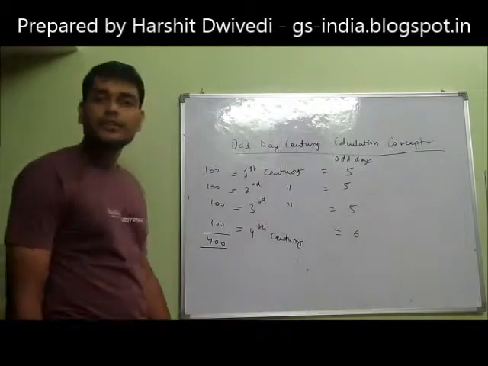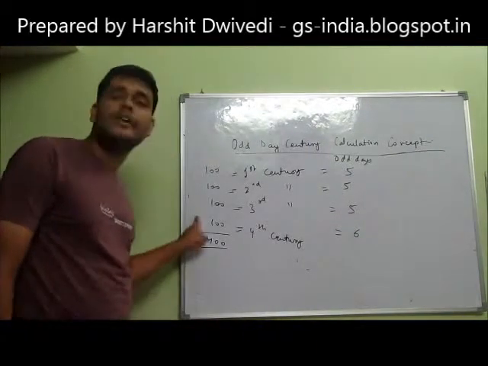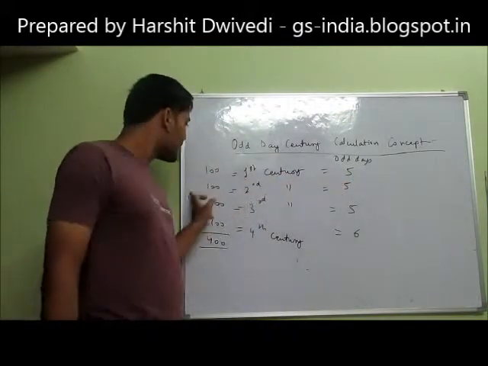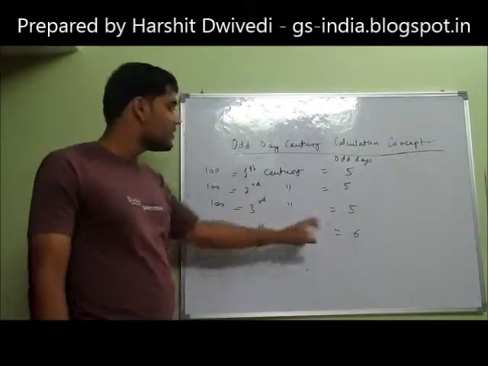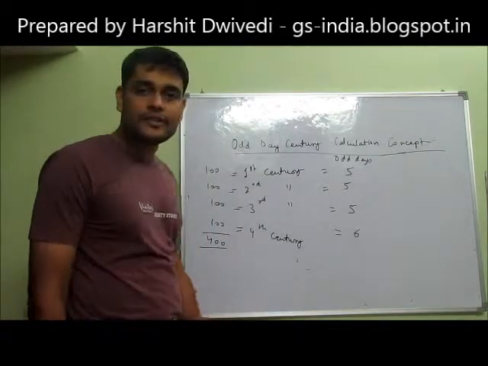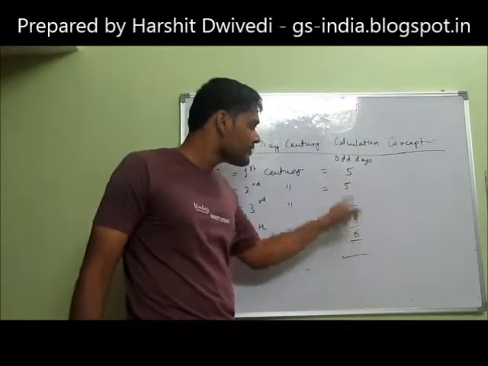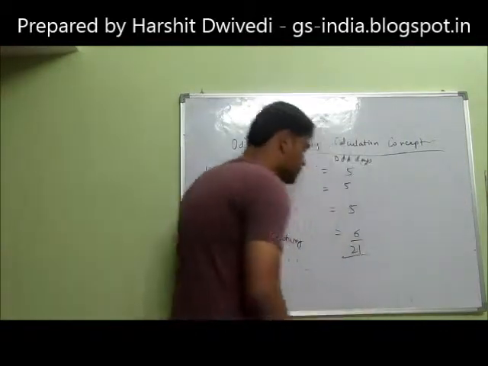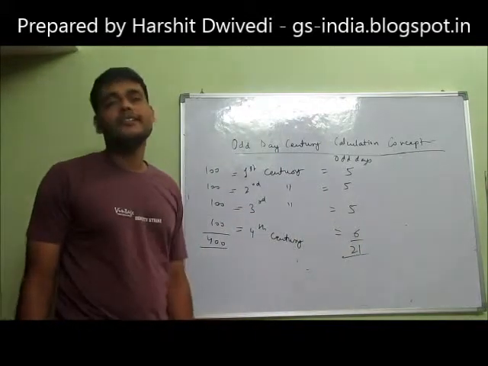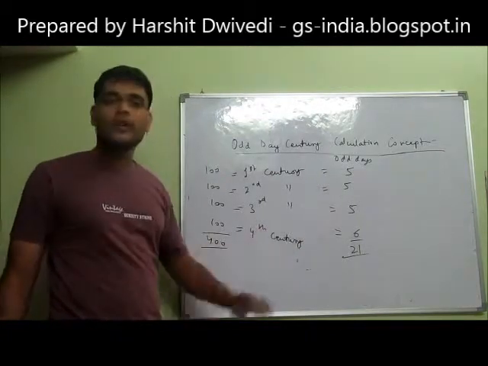So if someone asks what the total number of odd days in the first 400 years is: for the first 100 years, odd days are 5, for the second 5, for the third 5, and for the fourth 6. So it will be 5 plus 5 plus 5 plus 6, which is 21. Please make a note: for the first 400 years, the number of odd days is 21.